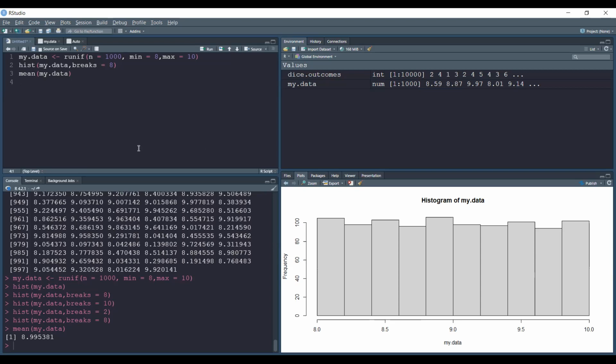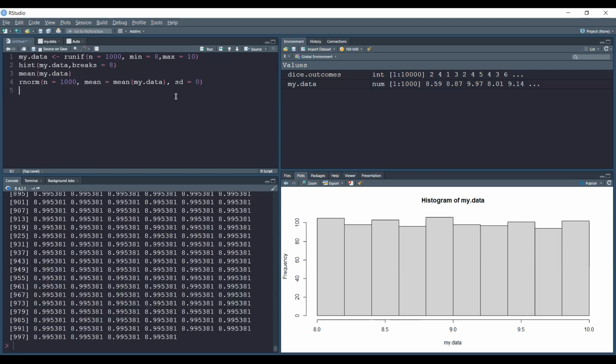Remember, I could create another 1,000 randomly generated values. I use the normal distribution, and this is a bit cheeky, but there's probably an easier way of doing it. I could say the mean is this, and the standard deviation is 0.